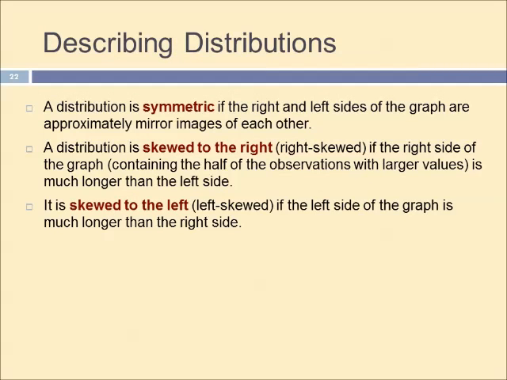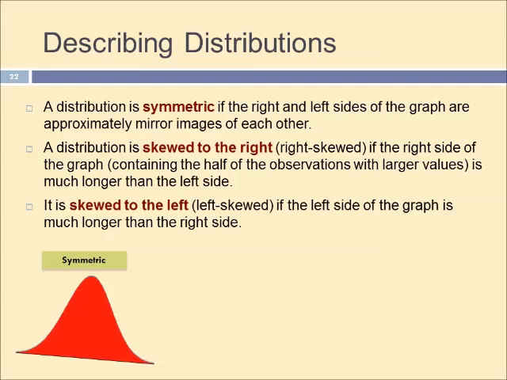Now, when describing distributions, we often say that a distribution is symmetric if the right and left sides of the graph are approximately mirror images of each other. A distribution is skewed to the right if the right side of the graph is much longer than the left side. It is skewed to the left if the left side of the graph is much longer than the right side.